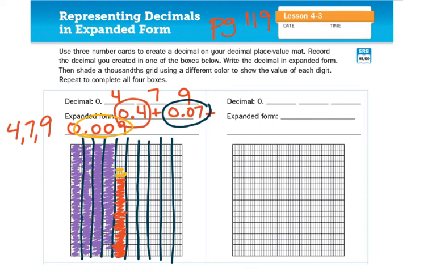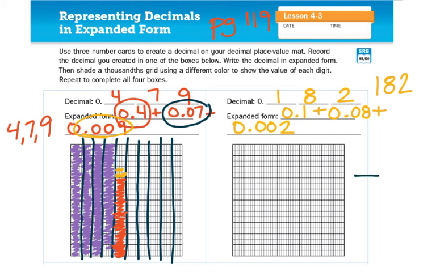Let's try one more like that. I drew the numbers 1, 8, and 2. So let's make this decimal 182 thousandths. Expanded form, it would be 1/10 plus 8 hundredths plus 2 thousandths.